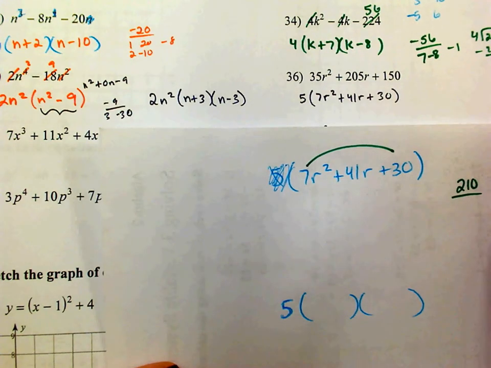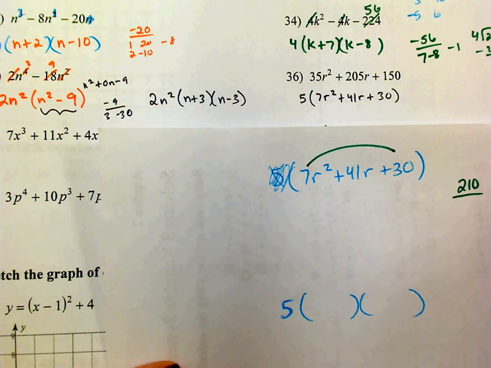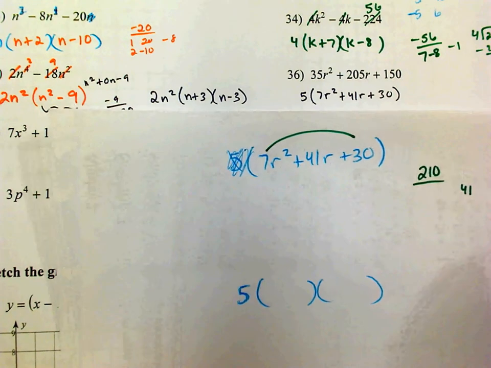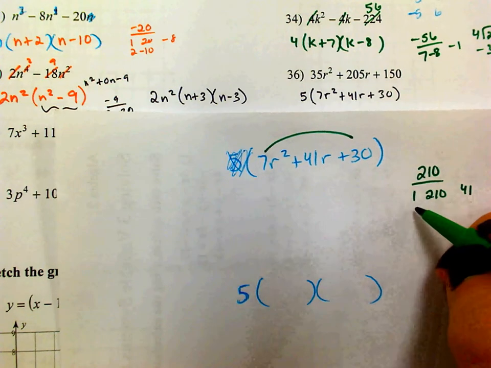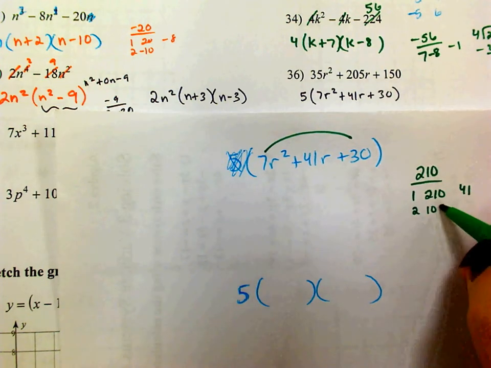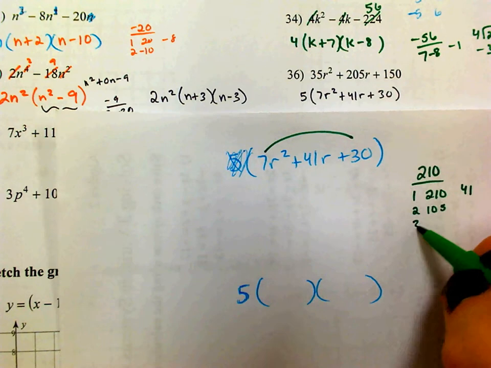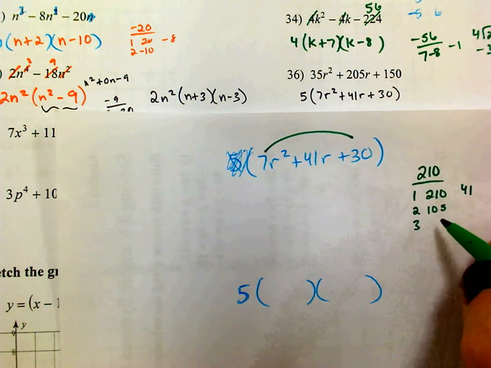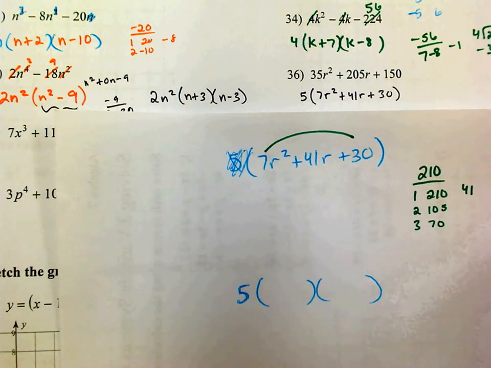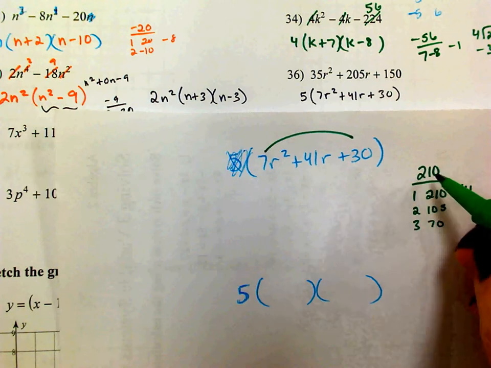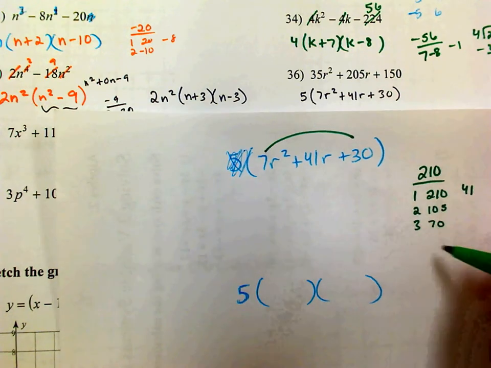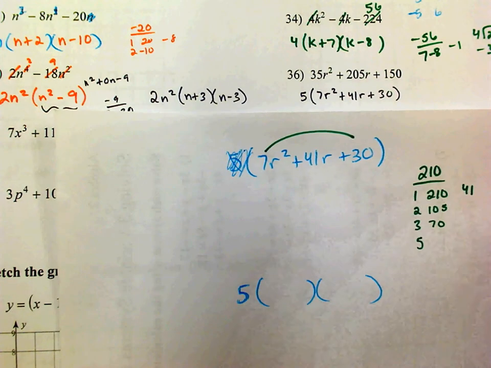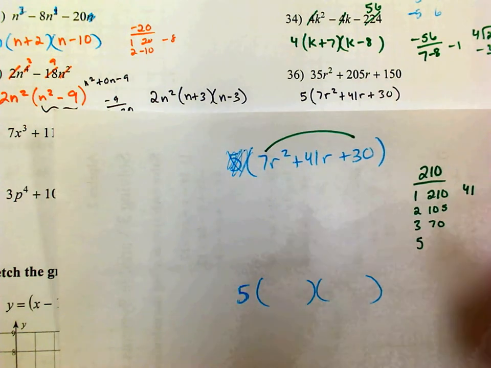So 210 is 1 and 210. 2 and 105. 3 goes into it 70 times. 4 doesn't. 5 goes into it 42 times.